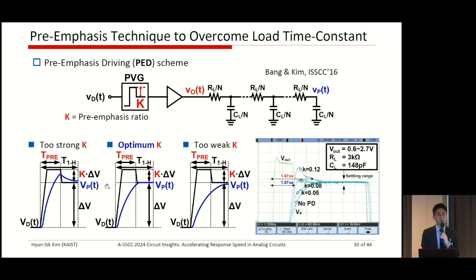We actually want to change the voltage by delta V here, but a more oversized amplitude of signal is applied in the initial duration with a factor of K. Here, K is the pre-emphasis ratio. So this is the original signal drive, but the pre-emphasis signal is applied during the initial response duration, right?